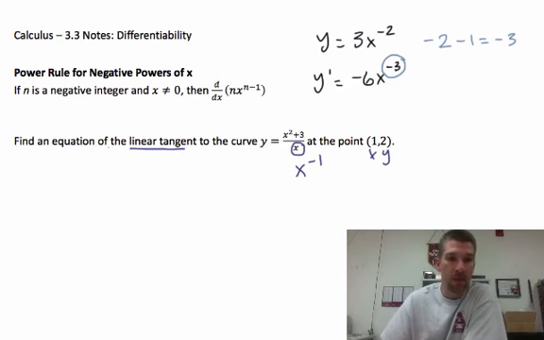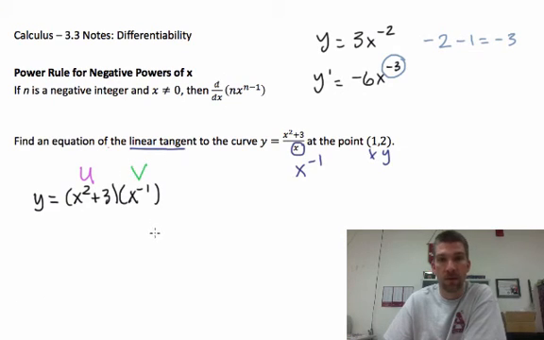So what problem am I really dealing with here? We're actually going to work on this problem: x squared plus 3 times x to the -1. And when I look at it this way, I have u and I have v.